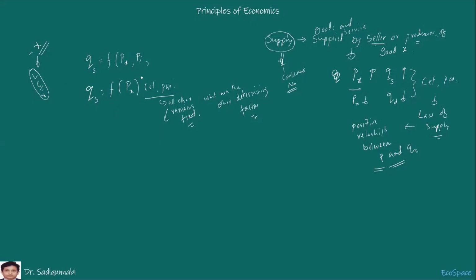What could be the other determinant? The other determinant could be technology. If technology improves, then the supplier can buy inputs and technology at less price, so he or she can increase the supply of good X. What could be the other factor?